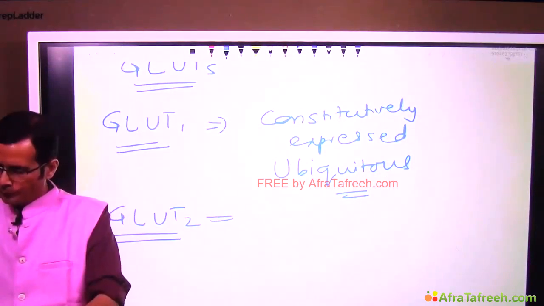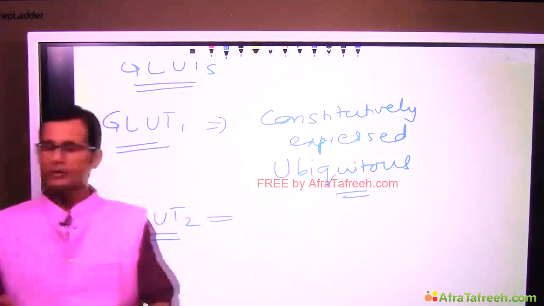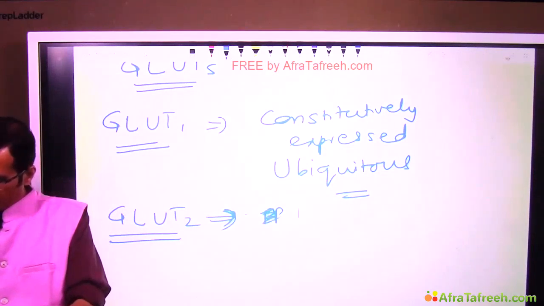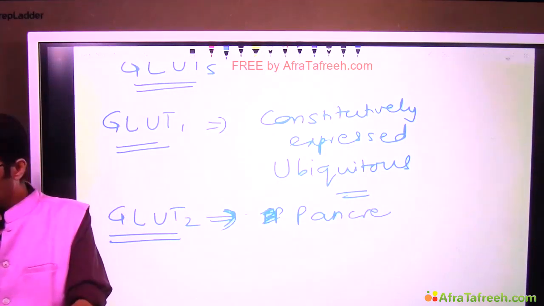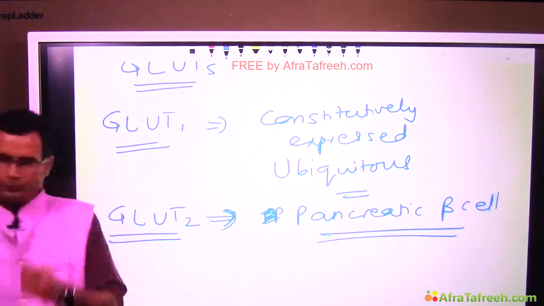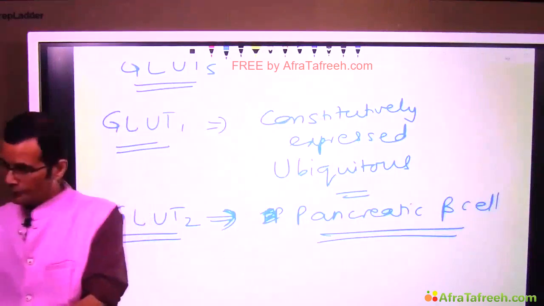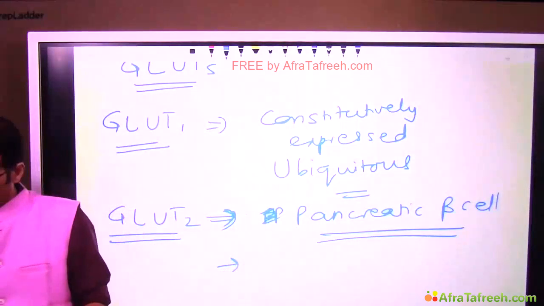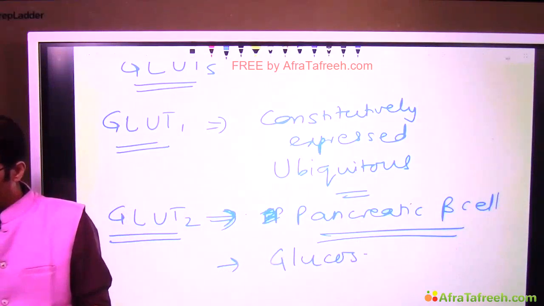GLUT2, very important points to be remembered. Pancreatic beta cell has GLUT2. So glucose entry into the pancreatic beta cell occurs by GLUT2. And one more, which we have actually discussed previously: glucose exit from the cells whenever it has to happen.